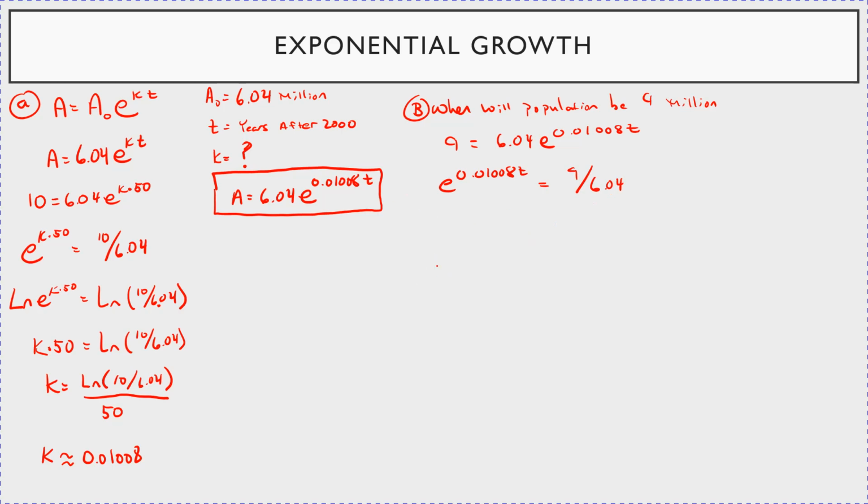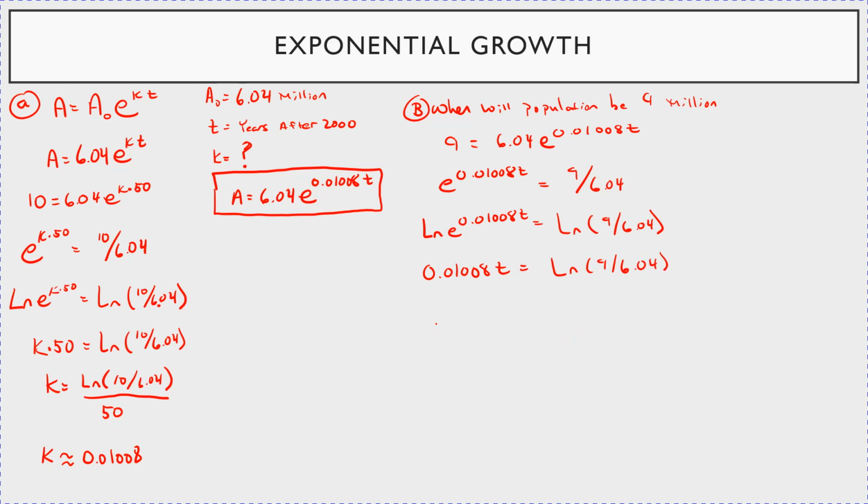Take the natural log of each side. So then you're just left with natural log e here. You're just left with 0.01008 times t is equal to the natural log of 9 divided by 6.04.